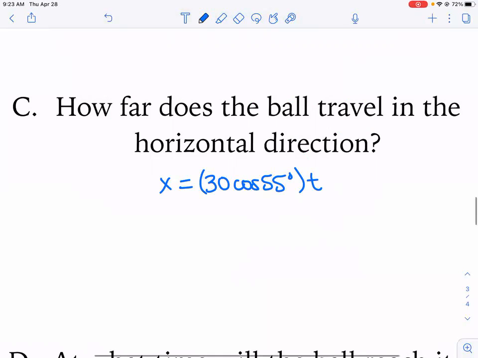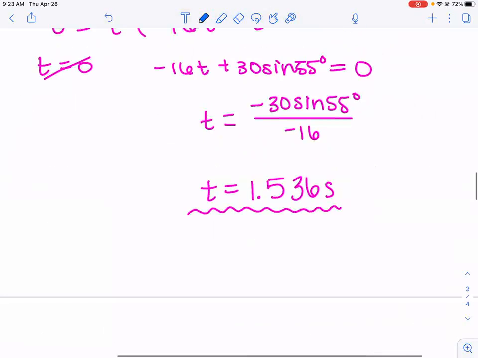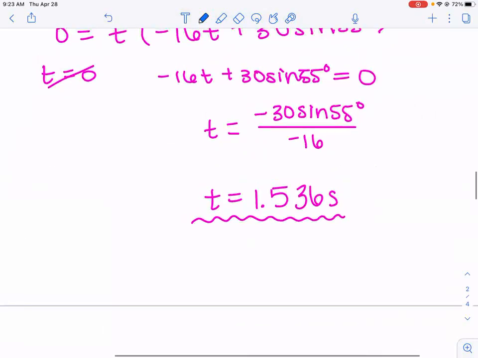We know that the ball hits the ground at 1.536. So it stops being in the air when it hits the ground.